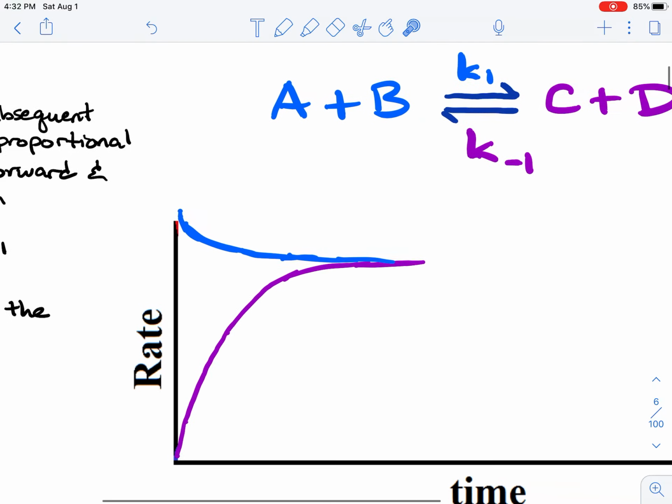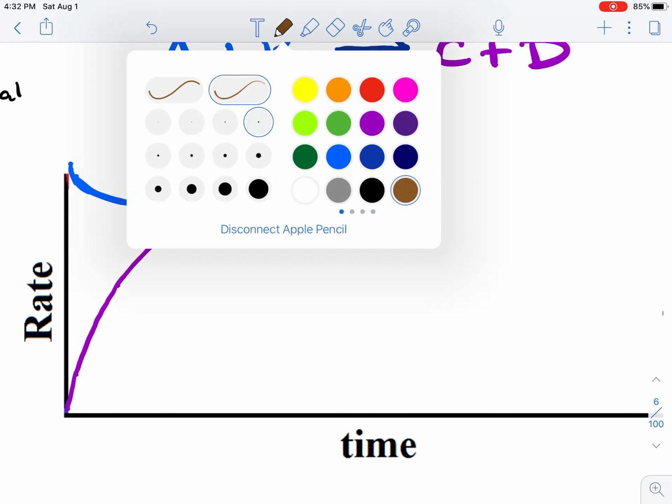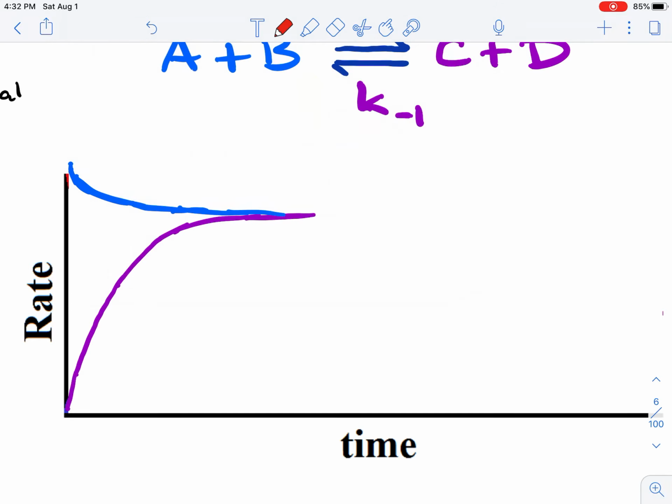Looking at this rate versus time graph, we can observe that the initial rate, so I'm going to draw a line tangent to the curve, notice how that line is much steeper than this line.